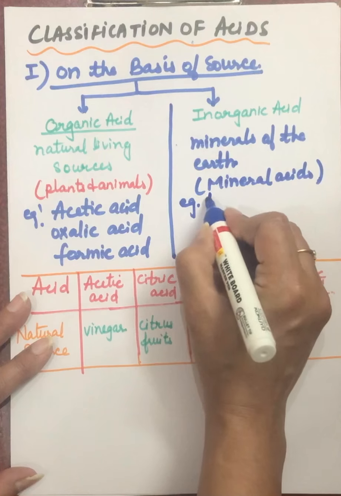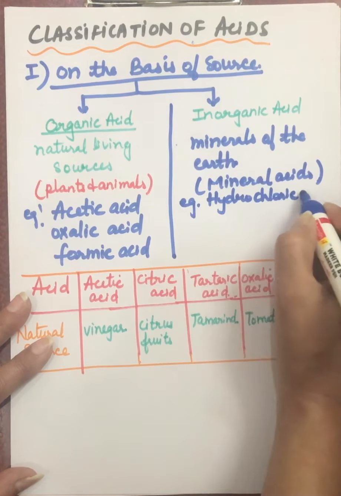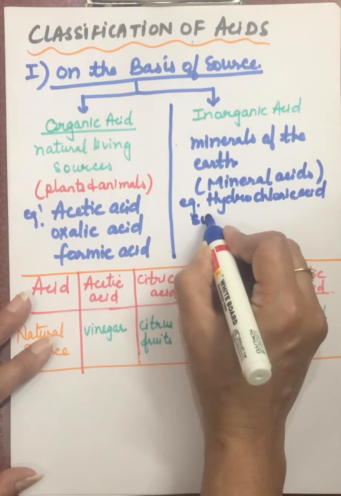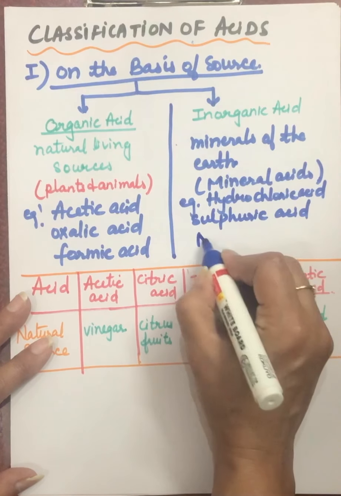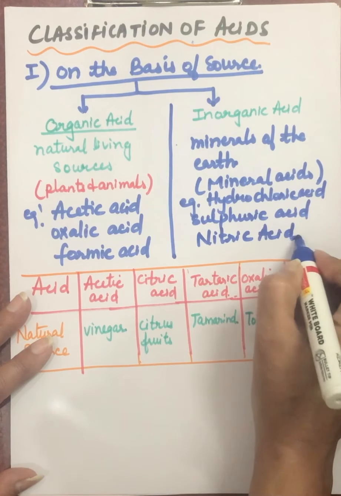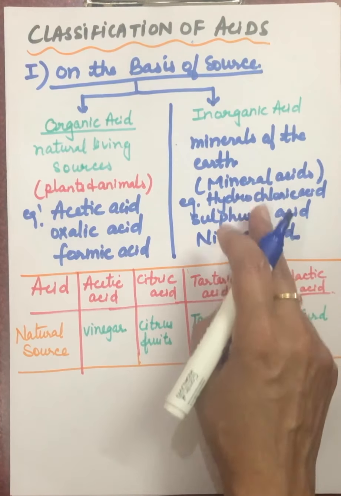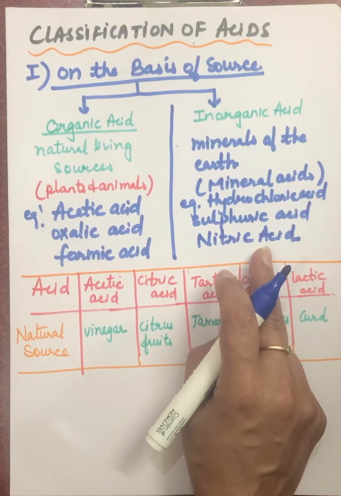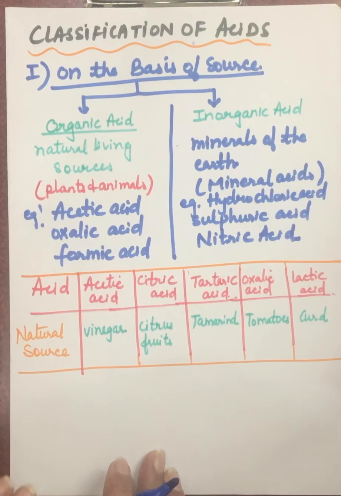Examples: hydrochloric acid, sulfuric acid, nitric acid, etc. These acids are corrosive in nature, so they should be handled with care. This is the first classification of acids based on their source.